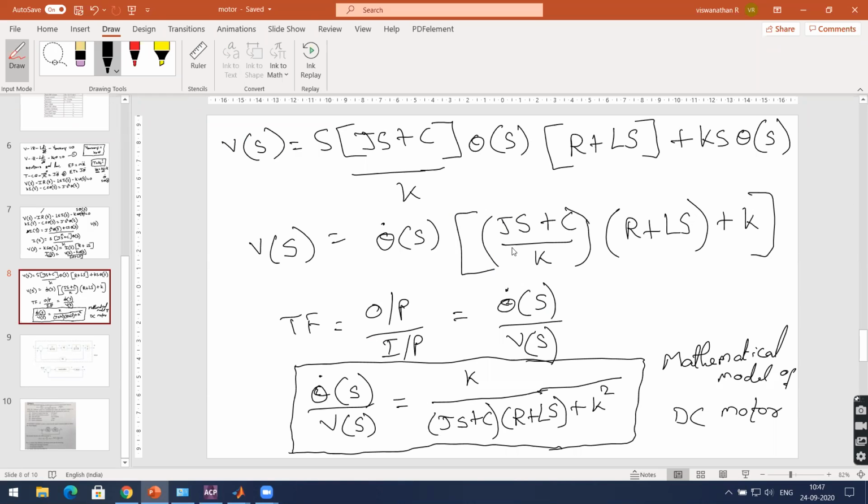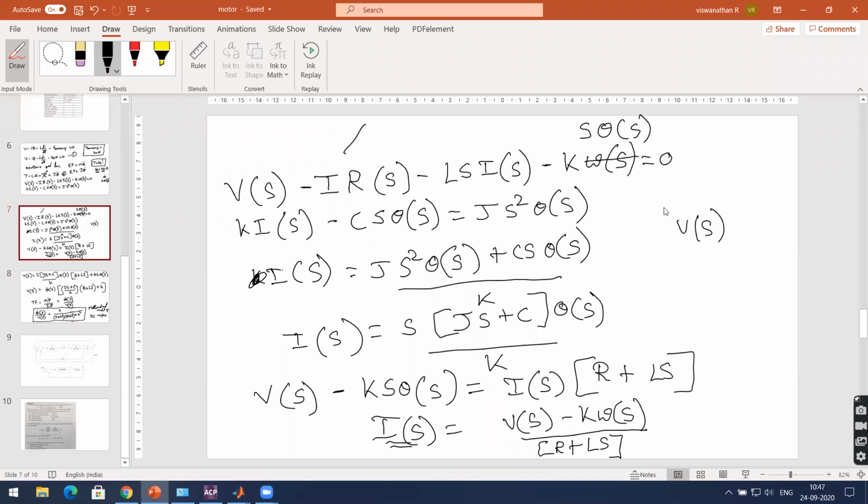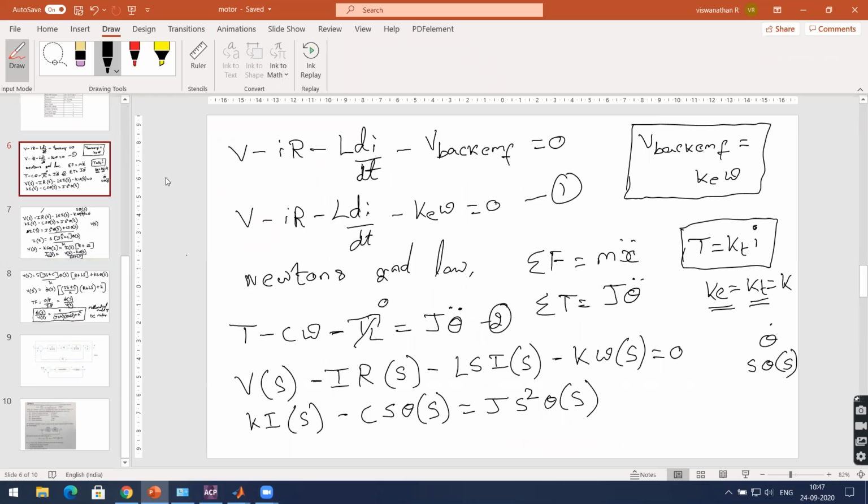Okay, so here, what we want is we have torque. Okay, we have torque, and what do we want? We want omega, sir. Omega. Okay, we want omega, but what is the relation?